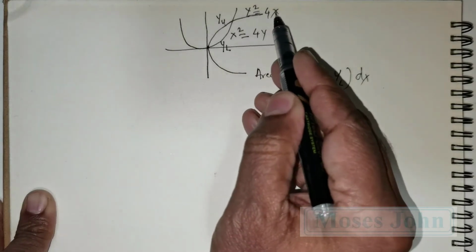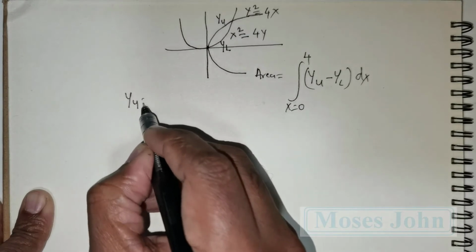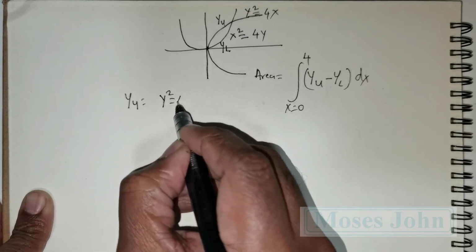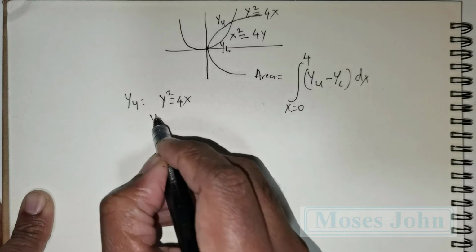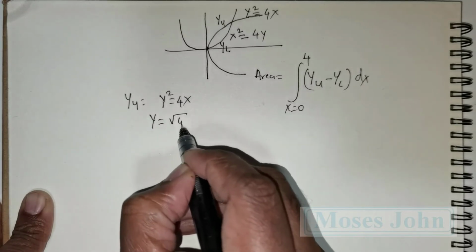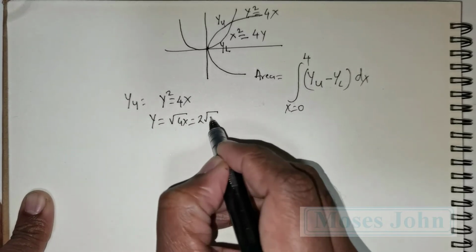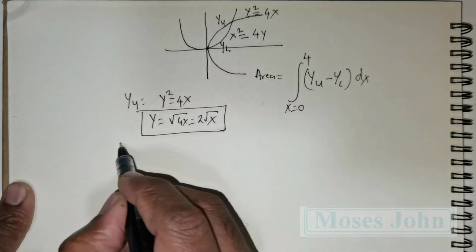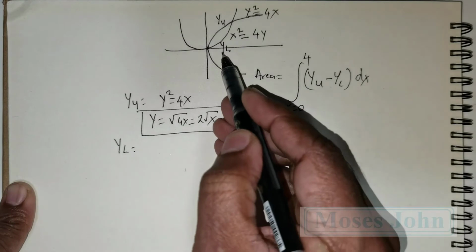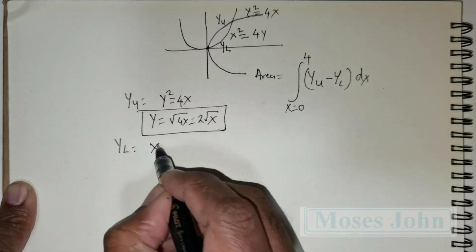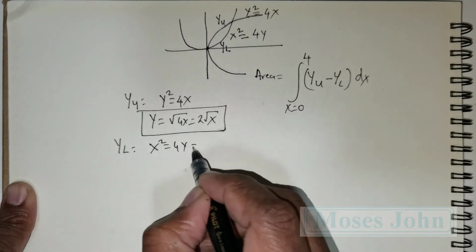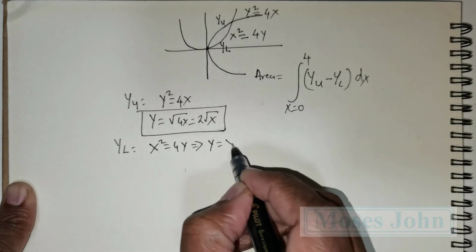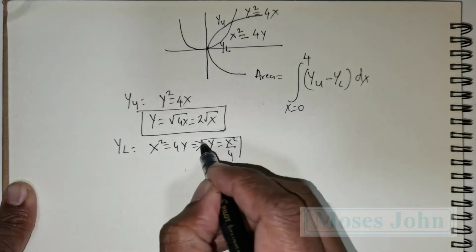Now y upper is actually y squared is equal to 4 times x. So from here y is equal to root of 4x, which is 2 times root of x. Now y lower is given as x squared is equal to 4y. So from here you get y is equal to x squared divided by 4.